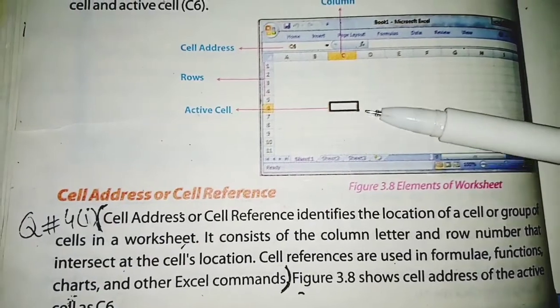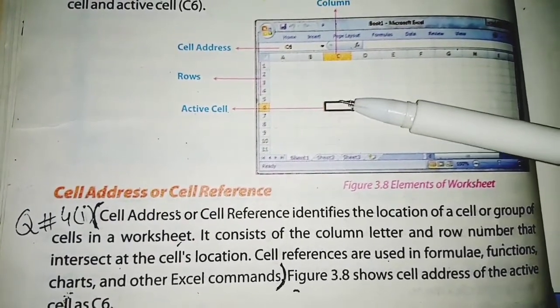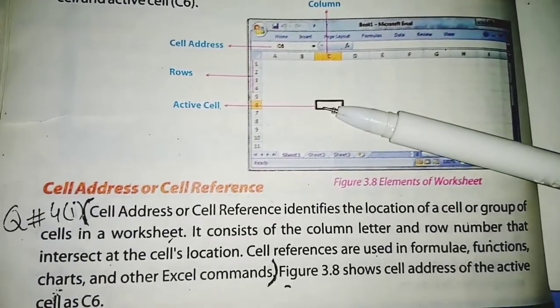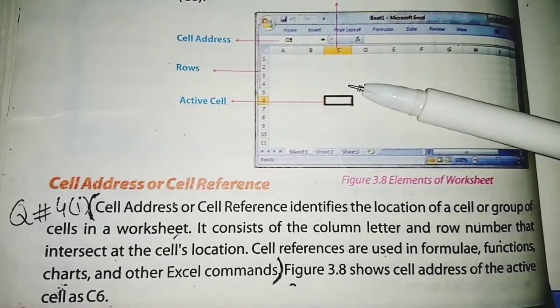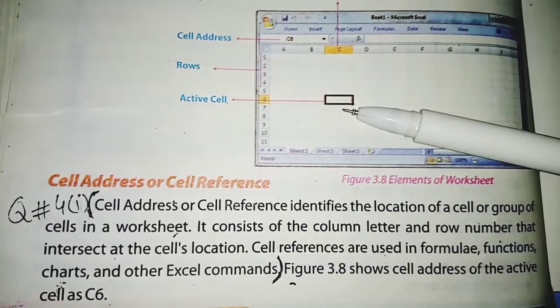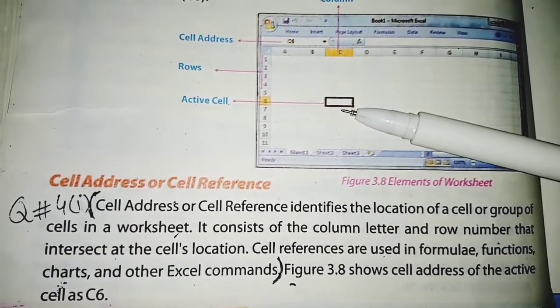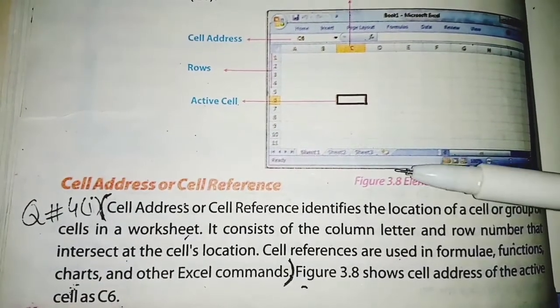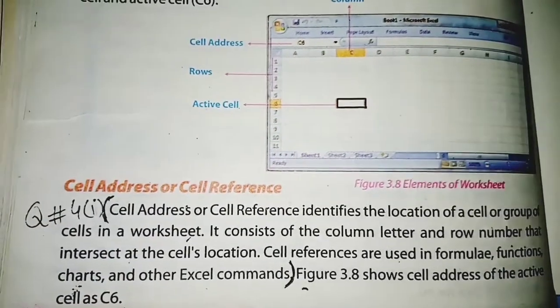This cell has a unique address C6. There is no other cell in the worksheet having the address C6. Cell address is usually represented by column letter and row number. Cell references are usually used in formulas, functions, charts, and different Excel commands.